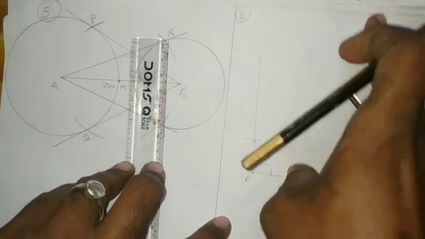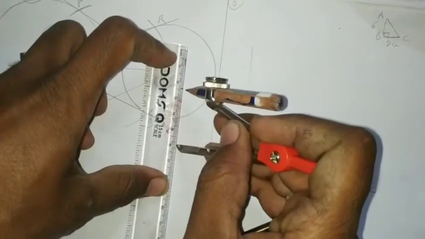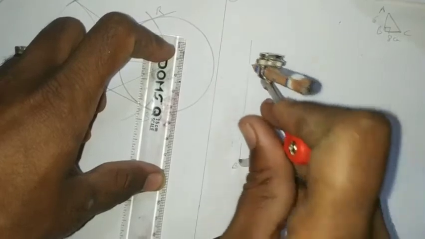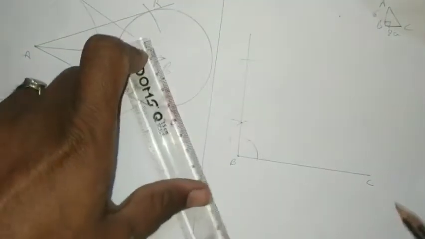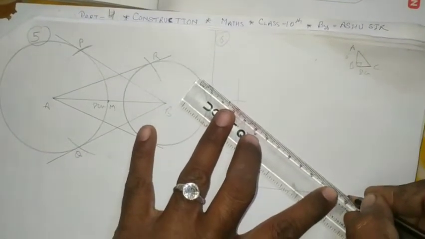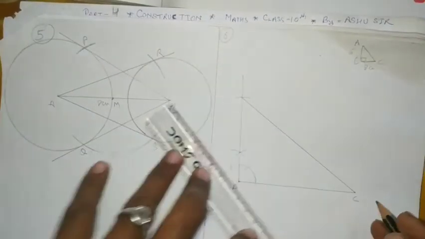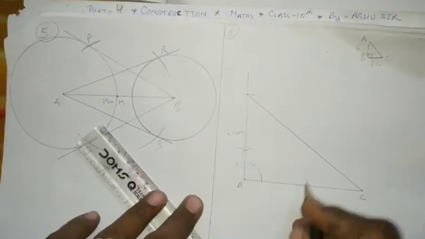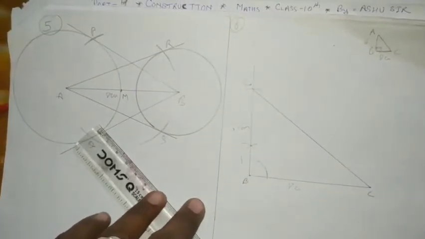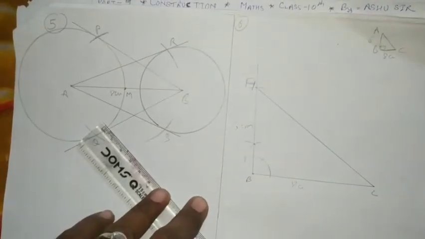Then AB is 6 centimeter, so with the compass of radius 6 centimeter, cut an arc. This is 6 centimeter. This is 8 centimeter. This is point C. That's the required triangle ABC.